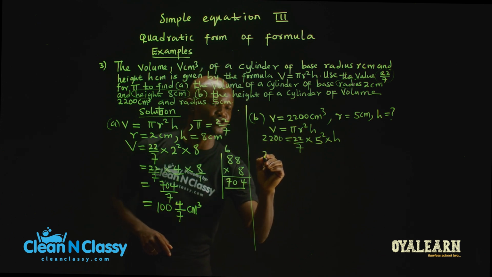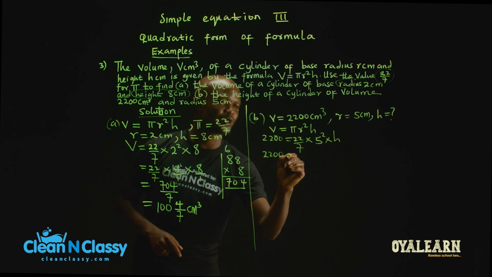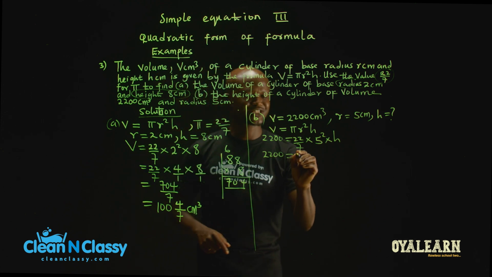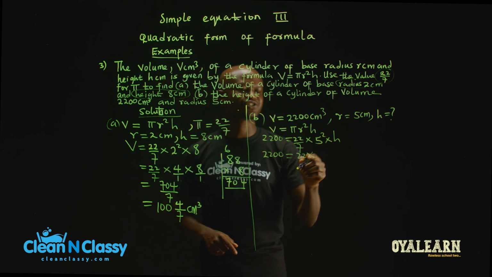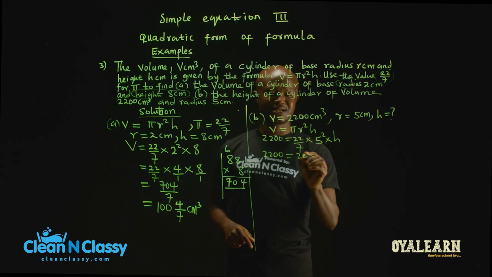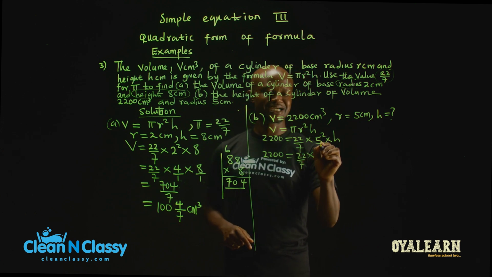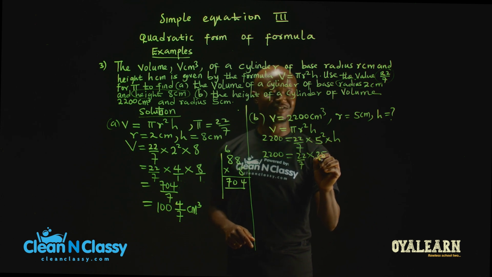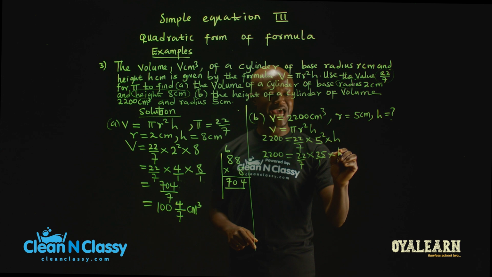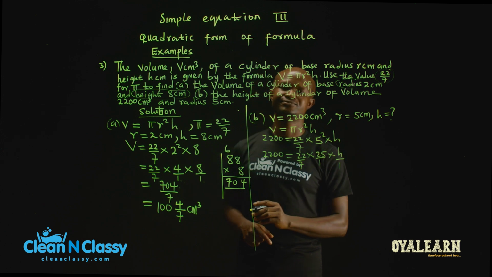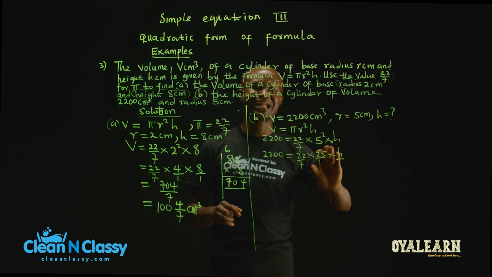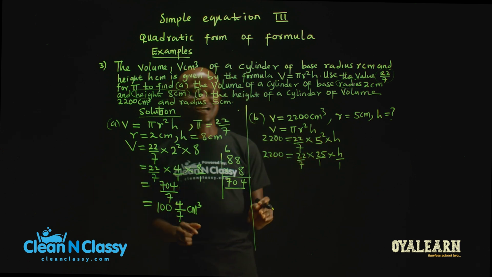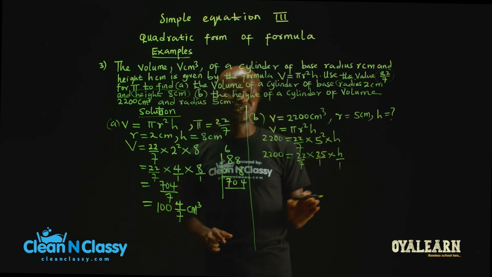So we have 2,200 equals 22 over 7 times 5 squared, which is 25. So we have 25 divided by 1, then times h divided by 1. We multiply numerators with numerators and denominators with denominators.